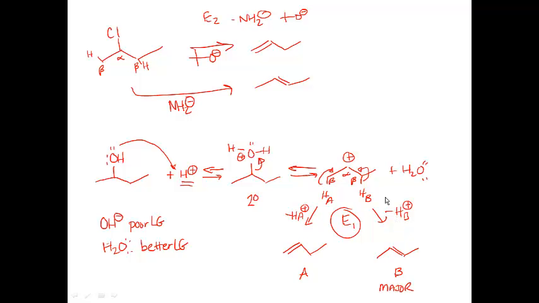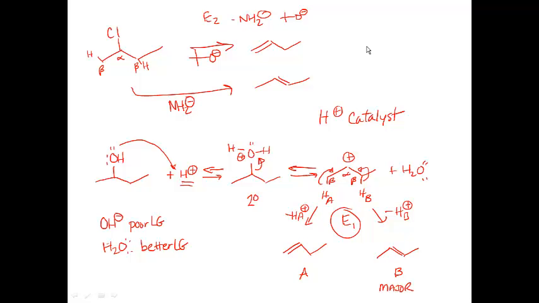So what would I call something that is consumed in one step of the mechanism but produced later on in another step, so that the net result is that it's neither a reactant nor a product? And if you said that H plus is the catalyst for this reaction, you would be correct.